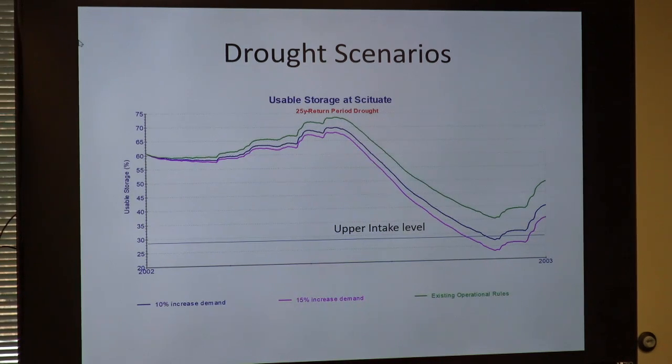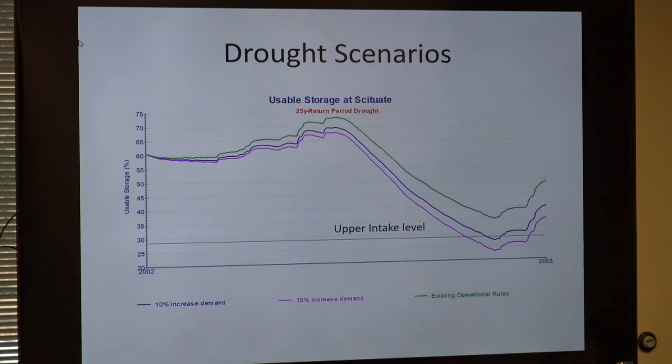And how does the usable storage at Scituate change? Again, these are all scenarios that we're developing. So a 10% increase in demand relative to existing operating rules. The one at the top, the green line, is the existing operating rule.